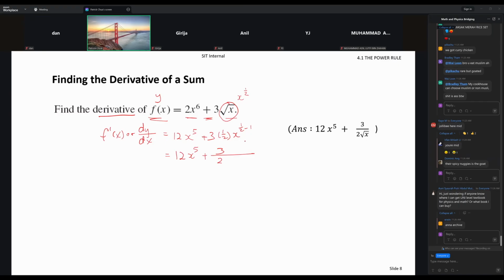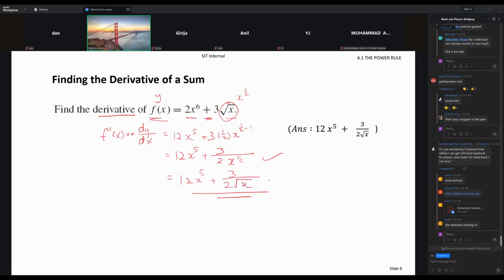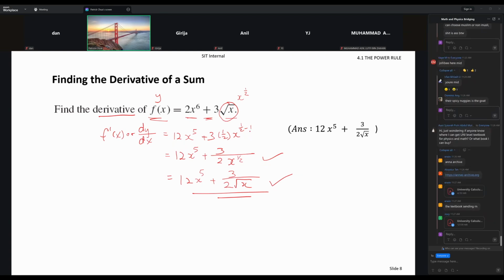So x to the power of minus half, you can write it nicely as 3 over 2 square root of x. You can leave it as is also, okay. It looks nice instead of leaving an x to the power of minus half somewhere. Whichever way, these two answers are okay.